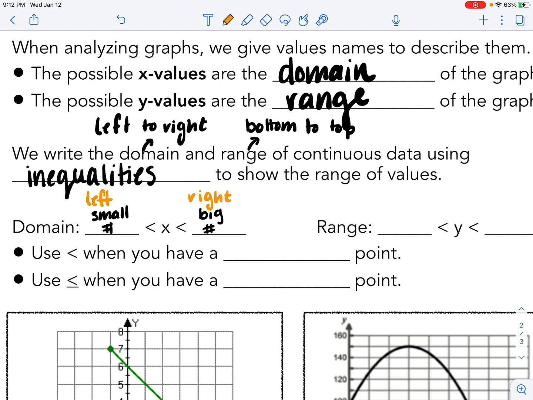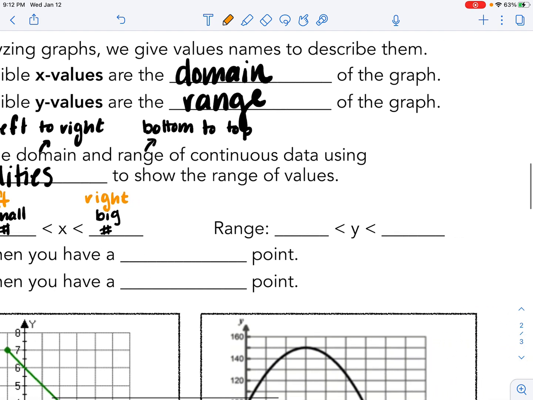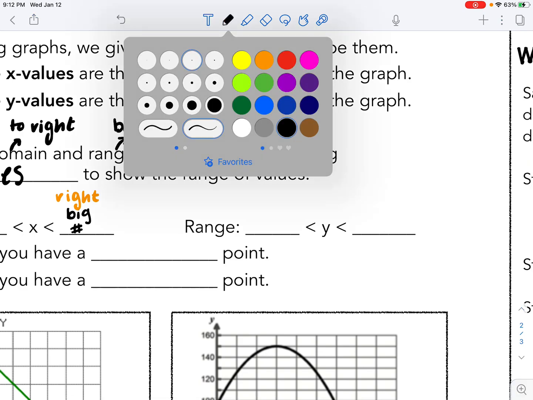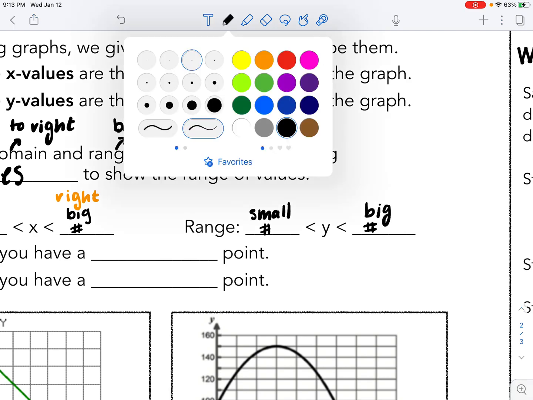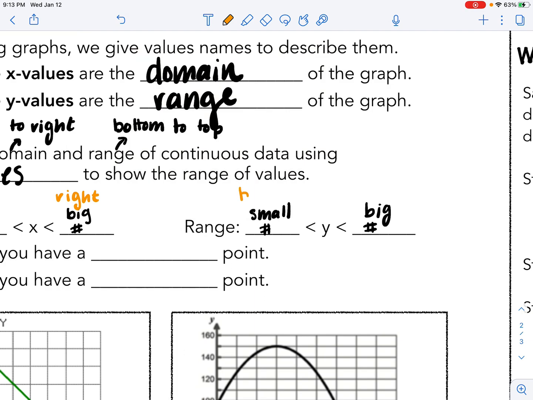So range is going to be really similar, except again, we're not going left to right. We're going bottom to top. So when I'm writing this, I'm still going to start with the small number. And I'm going to go all the way up to the big number. But the small number is going to be at the bottom of the graph. And it is going to work its way up to the top of the graph.